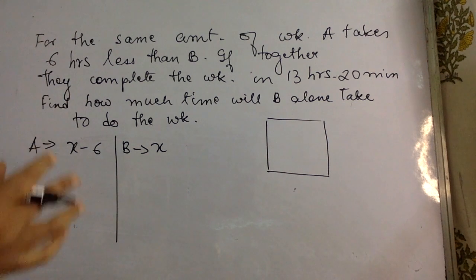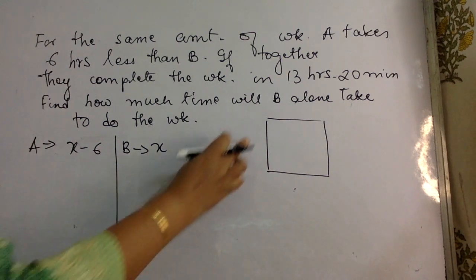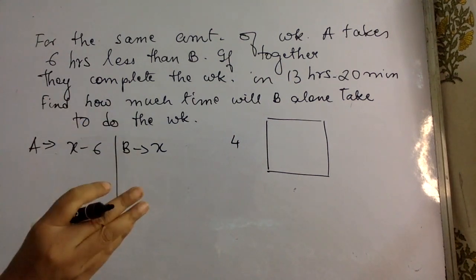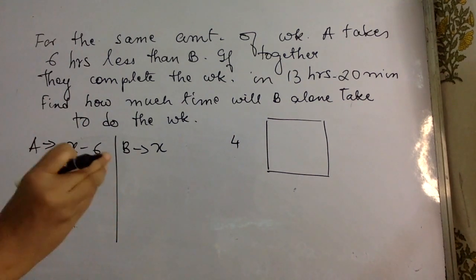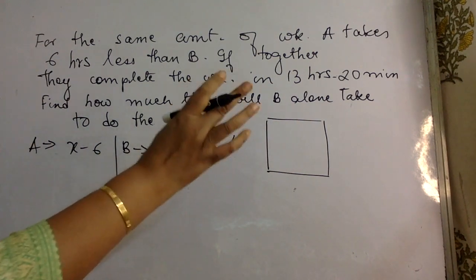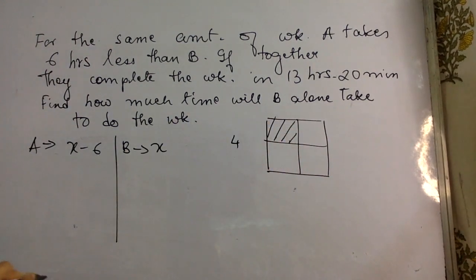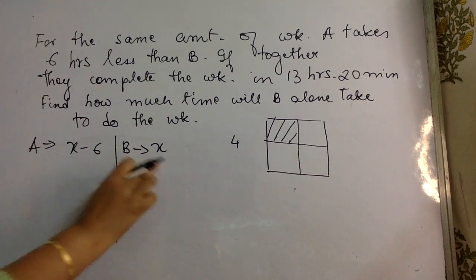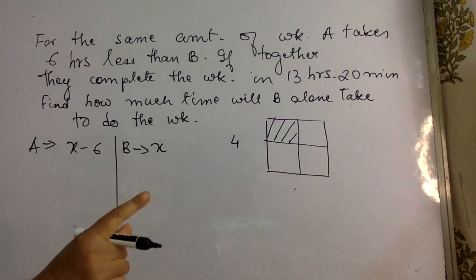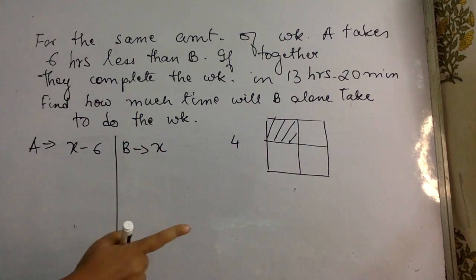Now I have to tell one thing here. If supposing one person is finishing this painting in 4 hours, give him just 1 hour, how much will he paint? If his full job takes 4 hours, in 1 hour he will paint only 1/4 of it, isn't it? So if B is taking x hours to paint the full wall, in just 1 hour B will paint just 1 by x of it.